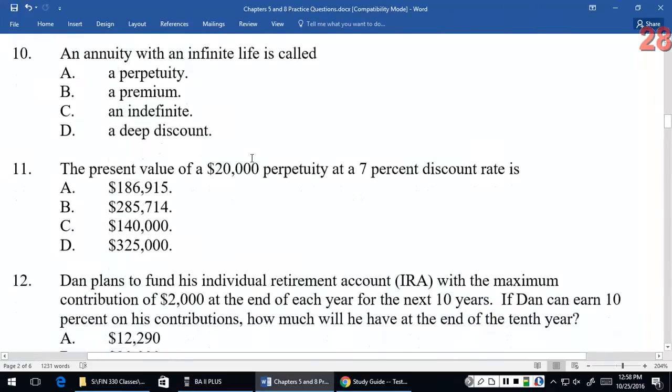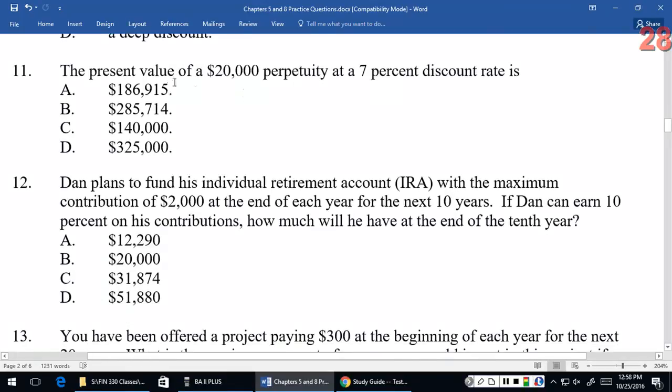An annuity with an infinite life is called what? Perpetuity. Okay, so a perpetual annuity, or an annuity that lasts forever. Number 11, the present value of a $20,000 perpetuity at a 7% discount rate is how much? So with this, you don't have to use your financial calculator. We just use the formula for the present value of perpetuity.